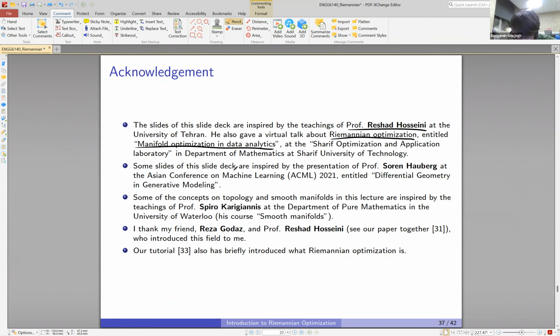Some slides of this slide deck are also inspired by the presentation of Professor Søren Hauberg at the ACML, Asian Conference on Machine Learning in 2021, entitled Differential Geometry in Generative Modeling.